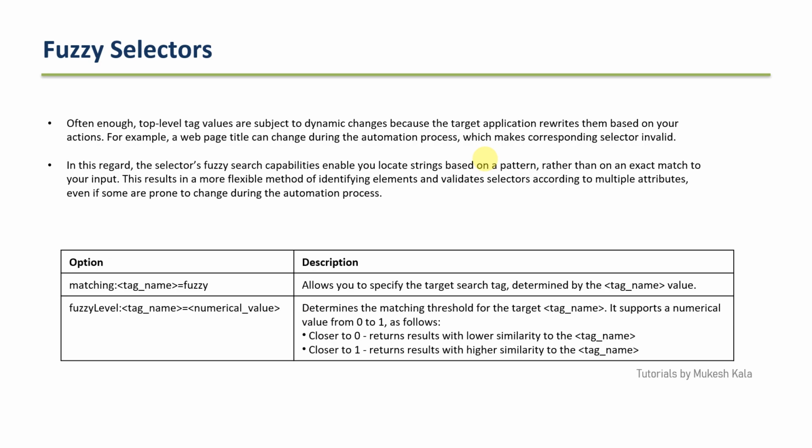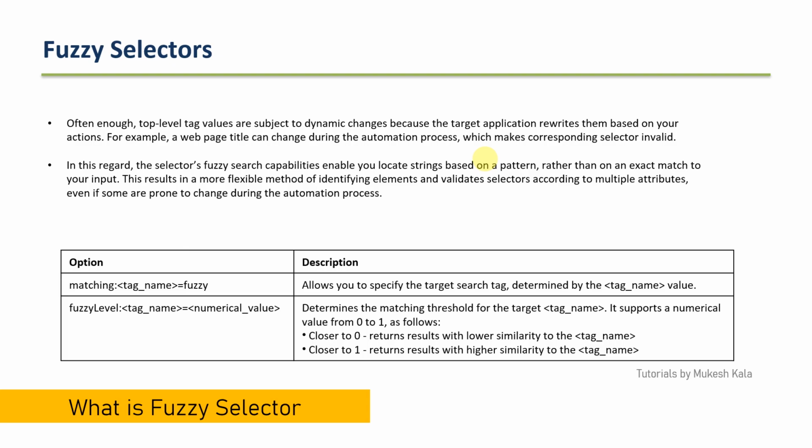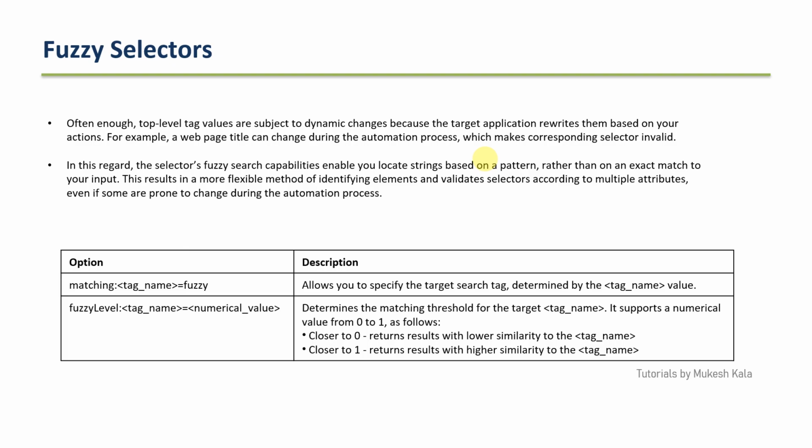Moving forward, next we have something called fuzzy selectors. Now, wildcards are very strict, which means they only replace a single character, or they replace a complete part of the sentence.